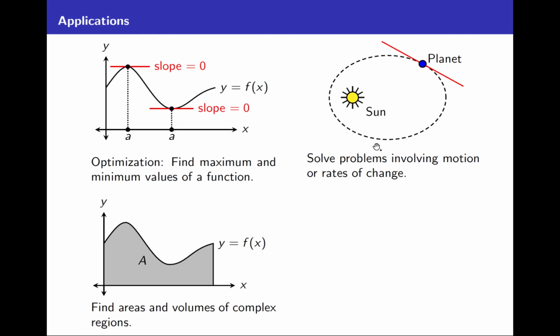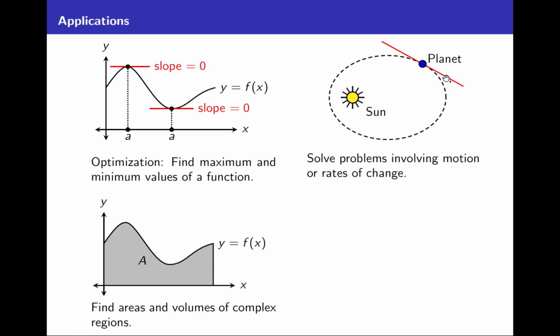natural conclusion, you can actually use calculus and the concepts we discuss in this course to describe planetary motion, the way a planet revolves in an ellipse around the sun. Here's the planet, and there's the sun, and this elliptical orbit is indicated here.